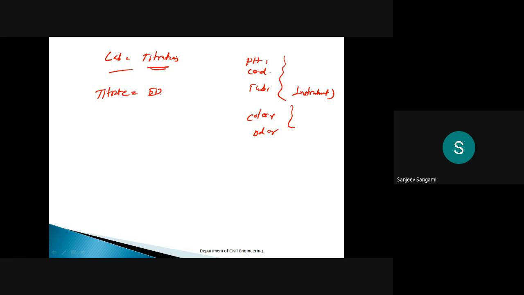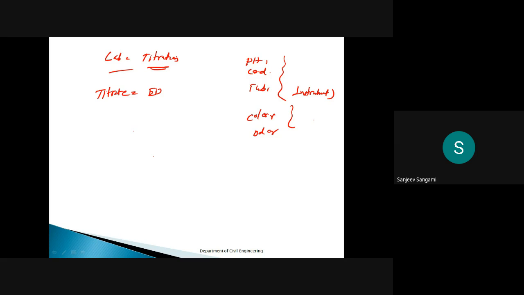We are using EDTA to determine it. EDTA acts as a titrant.